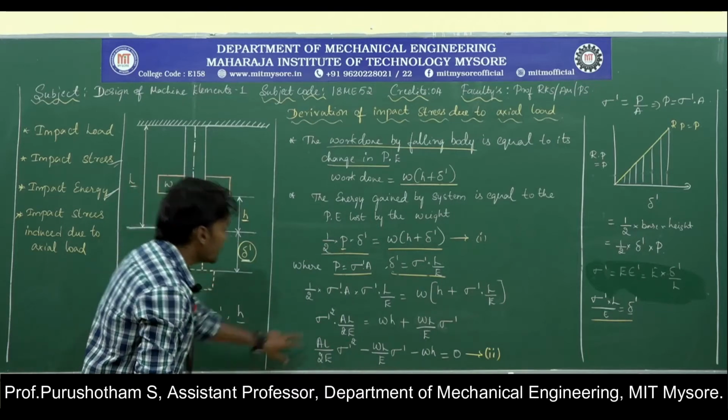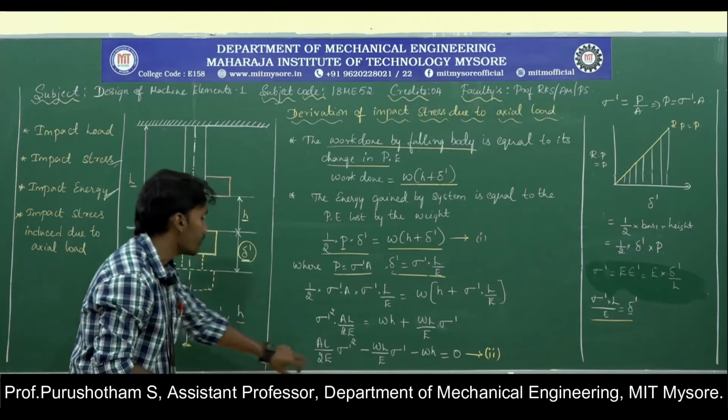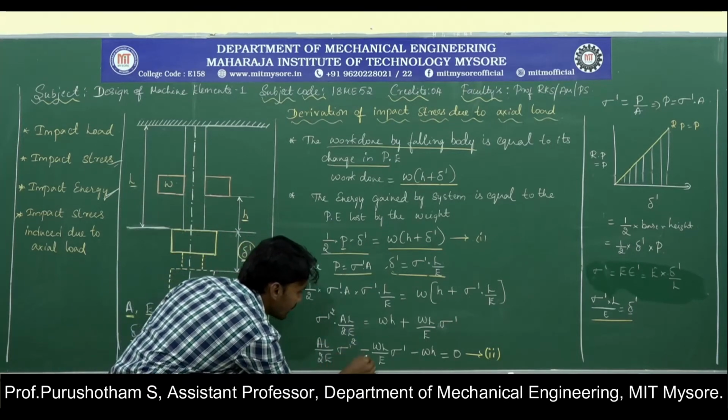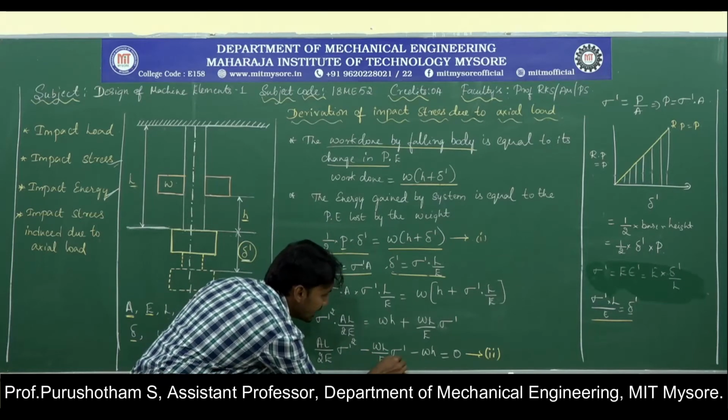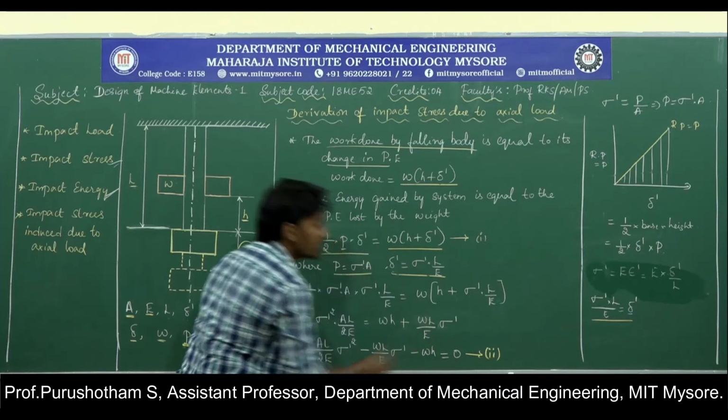Finally this equation reduces to the quadratic equation form: AL by 2E sigma dash square minus WL by E into sigma dash minus WH is equal to 0.